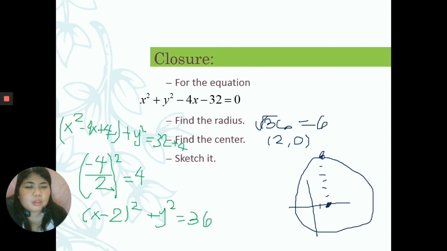Just find the 6 and use a compass to sketch your circle. So this is now the answer. I hope you understand how to find the radius and the center using the general equation of a circle.